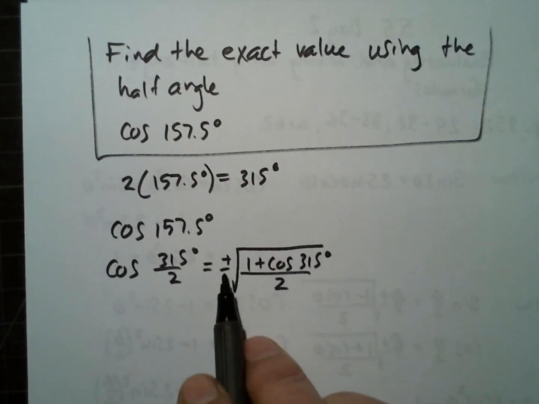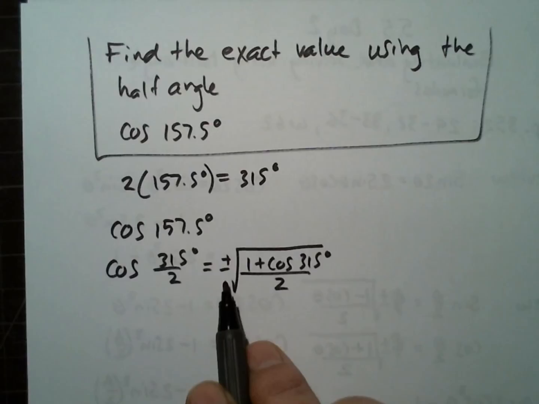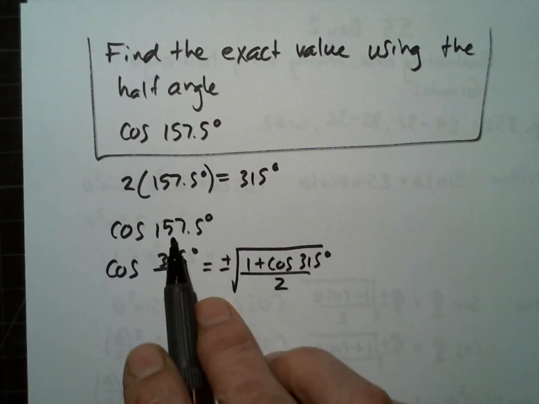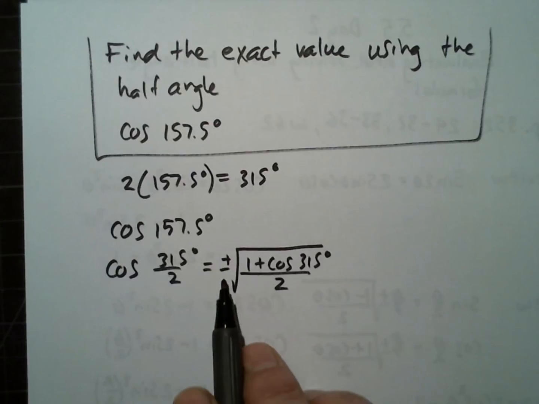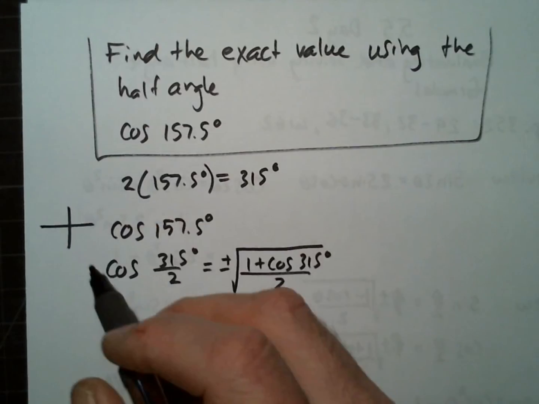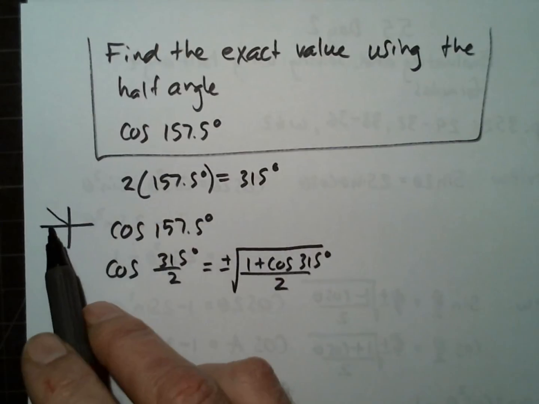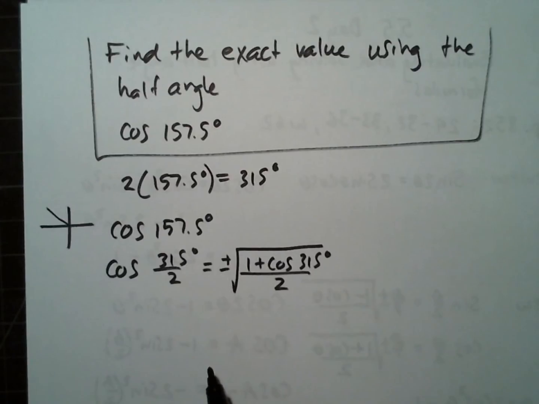It's a positive or negative, so we need to look at what quadrant 157.5 is in, and that'll tell us whether cosine is positive or negative. So here's 180, 157.5 is there, so we know cosine is negative. We know we need to take the negative.